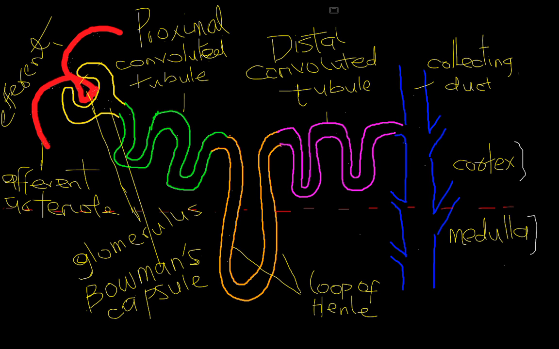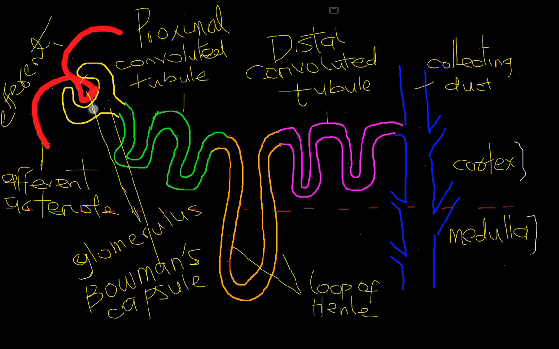What is the use of this filtrate? Now the blood is filtered into the Bowman's capsule. The Bowman's capsule has a permeable surface, a surface that is permeable to water and small molecules.